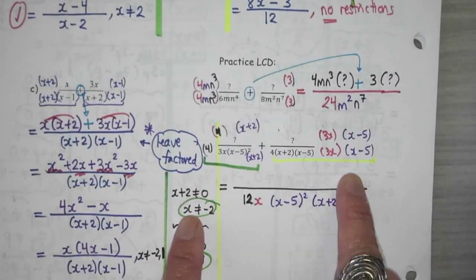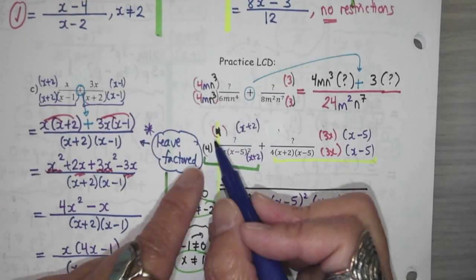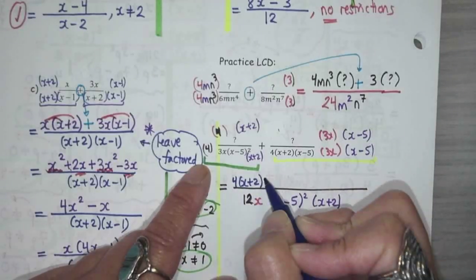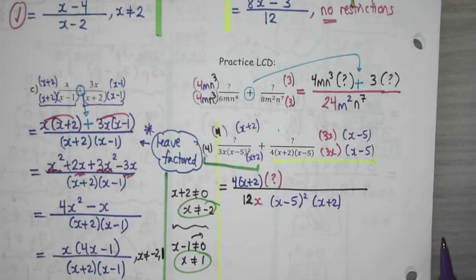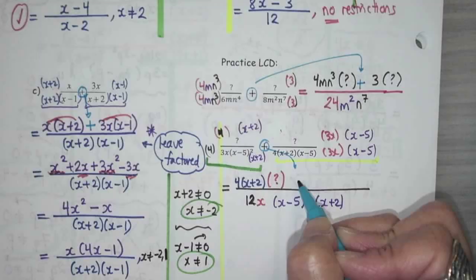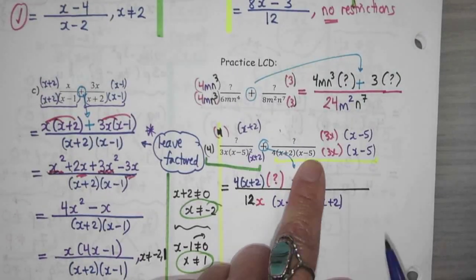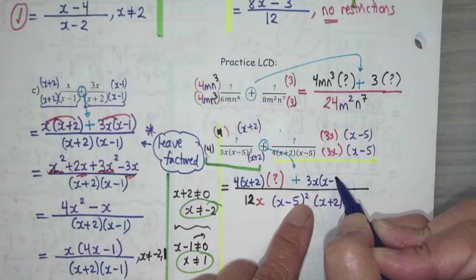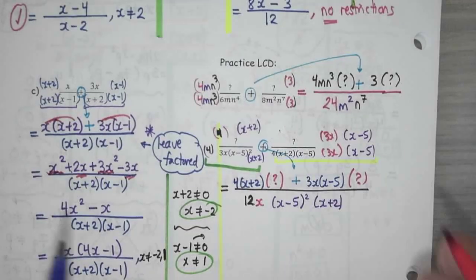So then when I set up my next line, I already know that this one's going to be multiplied by 4 x plus 2 times whatever that question mark is, right? So whatever's there. I take whatever the sign is in the middle. If it's plus or minus, I put whatever it is. And then this one will be multiplied by 3x, x minus 5 times whatever I put on the top there.